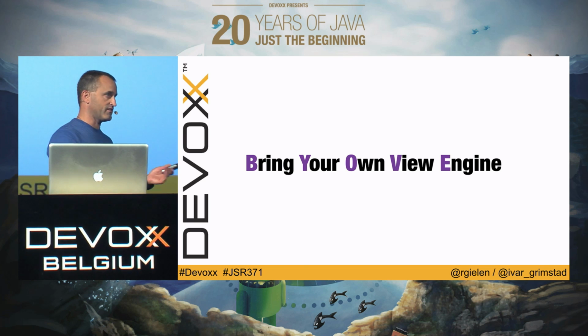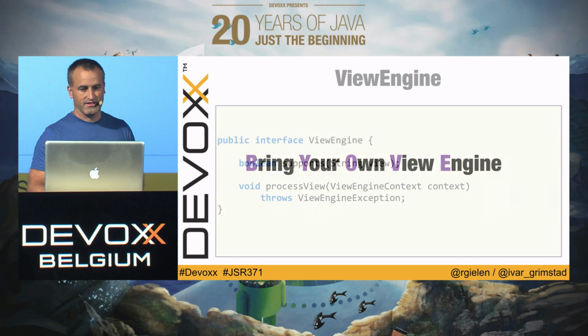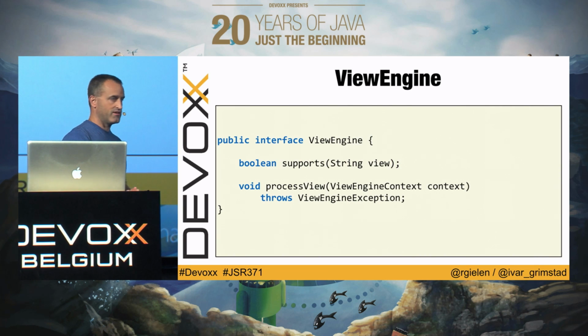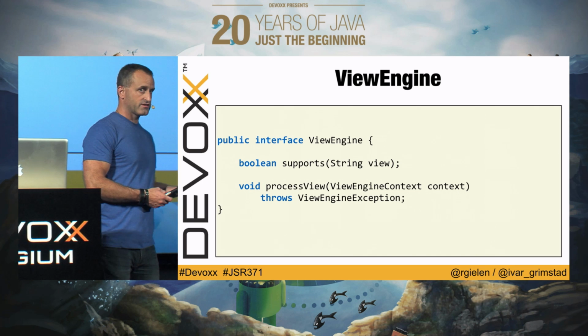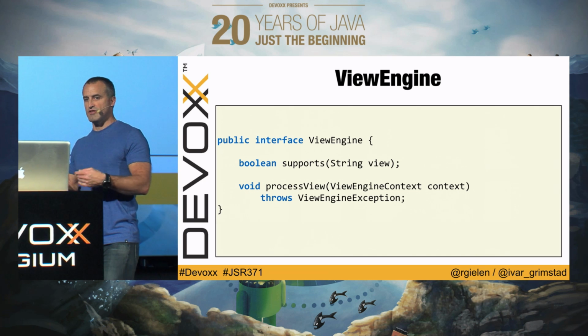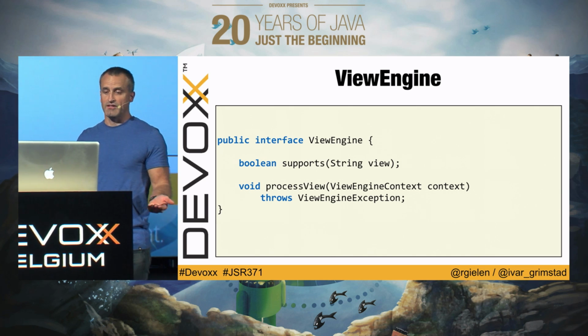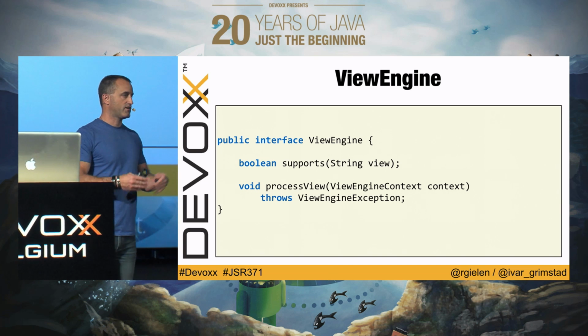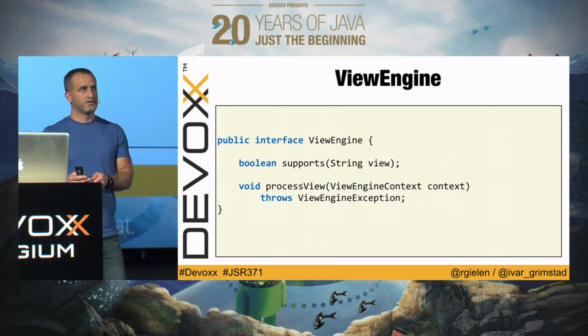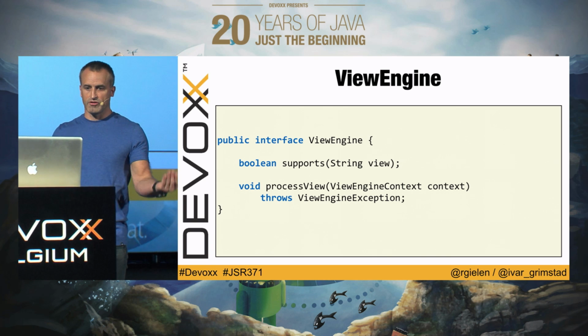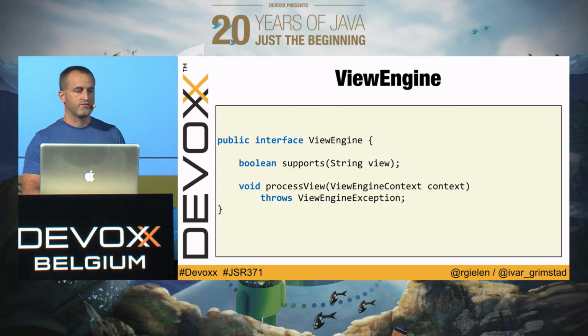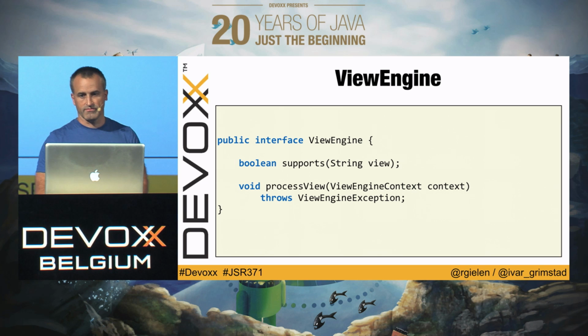And you can override it if you want to. And the interface is like this. You implement a method supports that says that this view engine supports this view. And that can be as simple as just checking if the file extension ends in JSP. And then you have processView, which you can use with the view engine context to render the view.